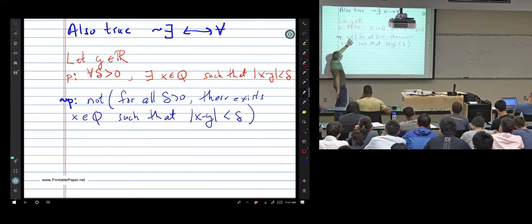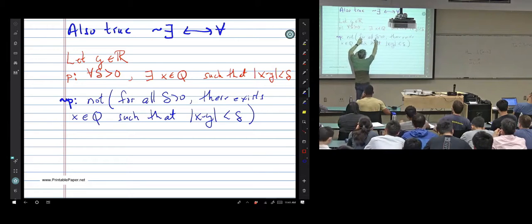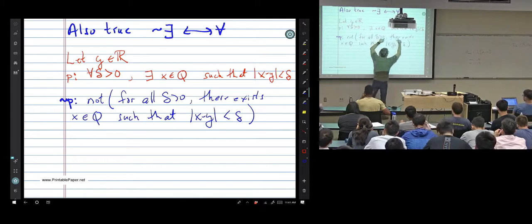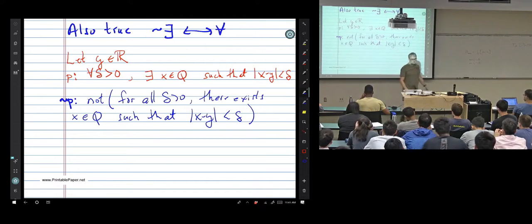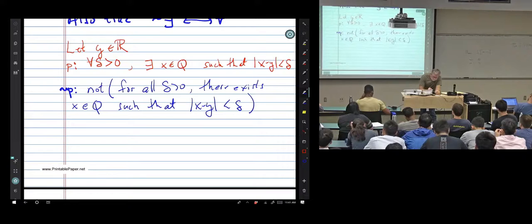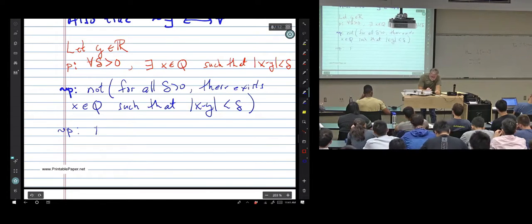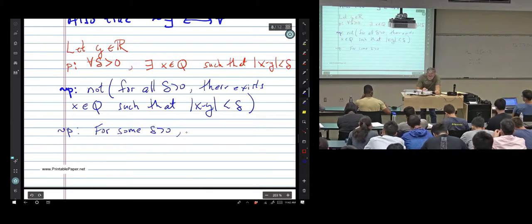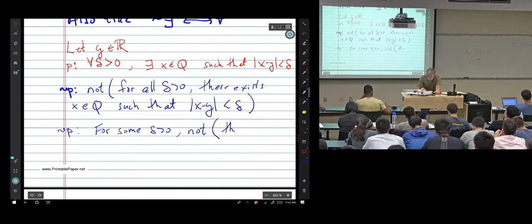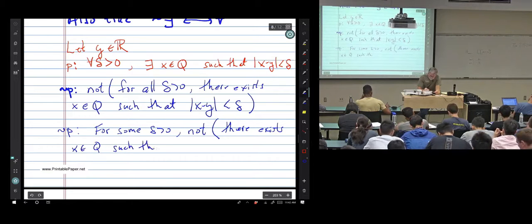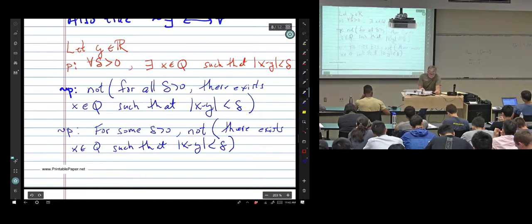So the not of this is, well, it's not true for every delta, so for some delta, whatever follows is false. Okay? The not of P is, for some delta greater than 0, not there exist X in Q such that absolute value X minus Y is less than delta.